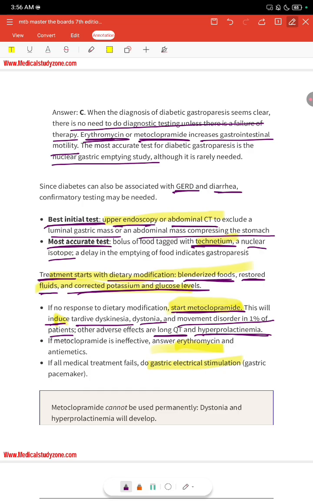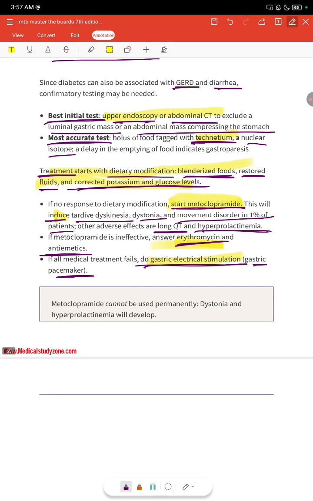If metoclopramide is ineffective, answer erythromycin and antiemetics. If all medical treatment fails, do gastric electrical stimulation with the help of a gastric pacemaker. So it will not need the autonomic nervous system that much in order to keep the food moving, to keep the gut moving in a healthy manner.